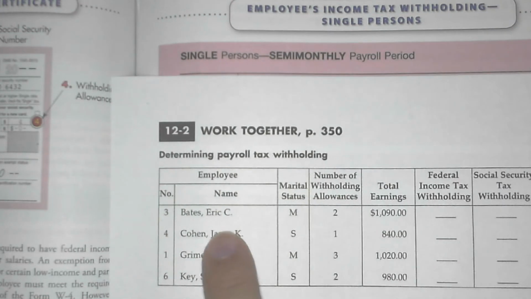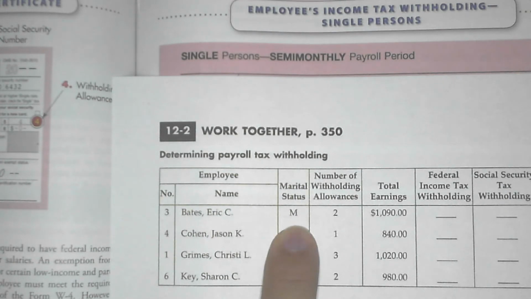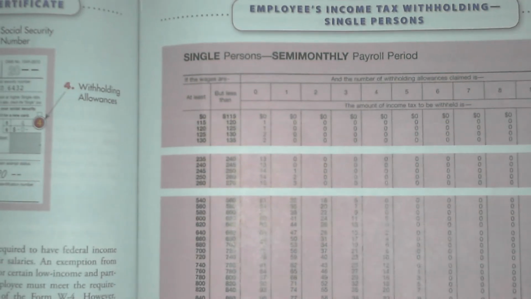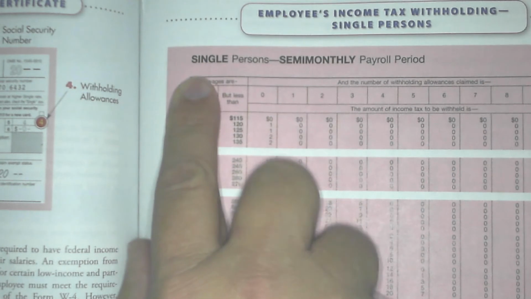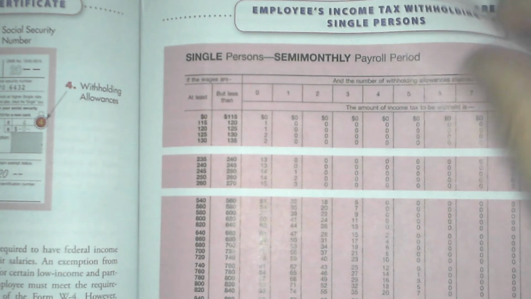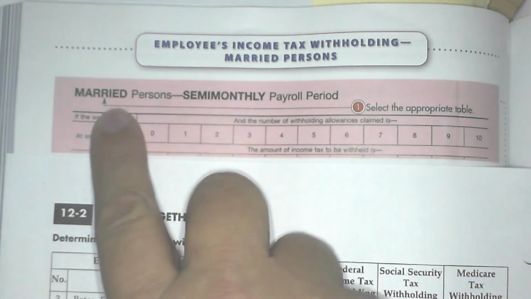So our first person, Eric, he's married. So the first thing we're going to look at is our tax table. This one is for single people. The one on the next page is for married.